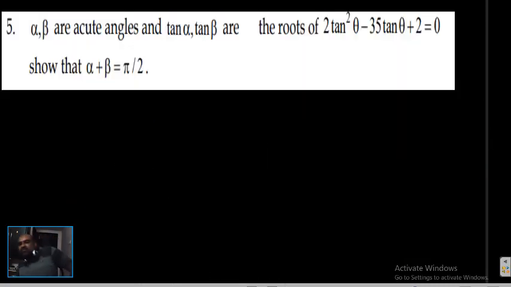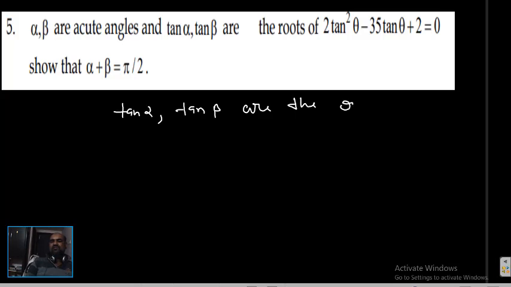Yeah. Next problem, students. Alpha, beta are acute. Tan alpha, tan beta are the roots of 2 tan square theta minus 35 tan theta plus 2 equals 0.